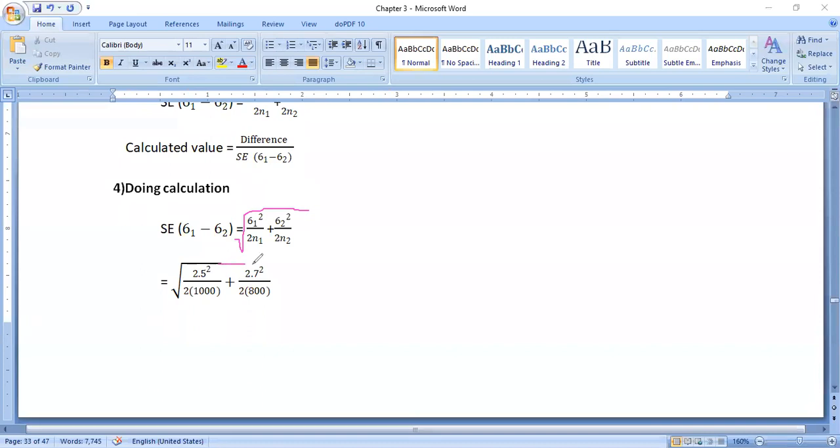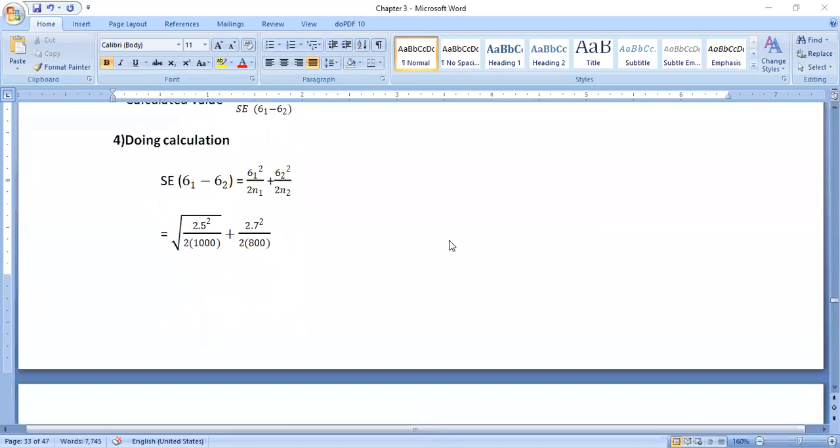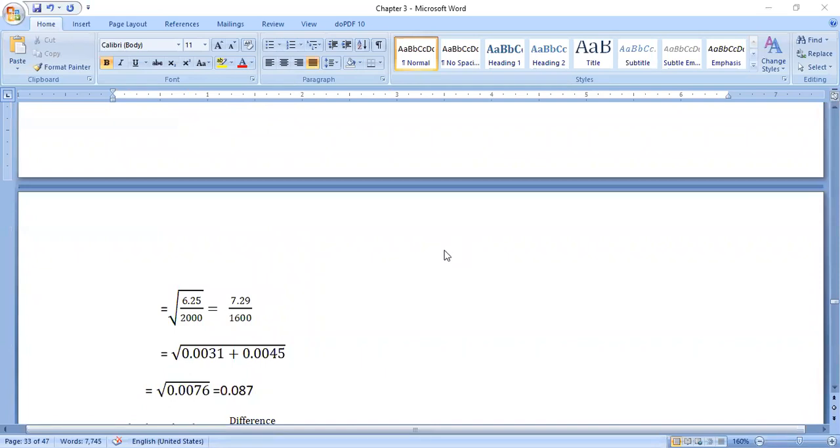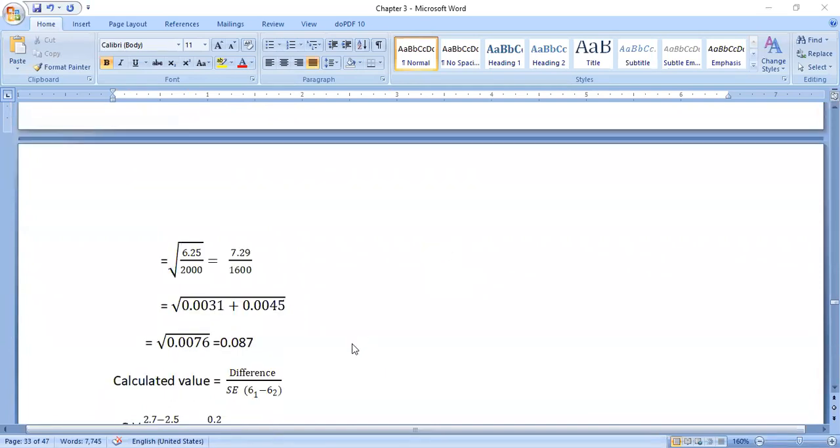Then the values will be written here: 2.5 squared divided by 2 into 1000, that is 2000, and 2.7 squared divided by 2 into 800. After calculating all these values, you will get 0.087. This is the value of the standard error.